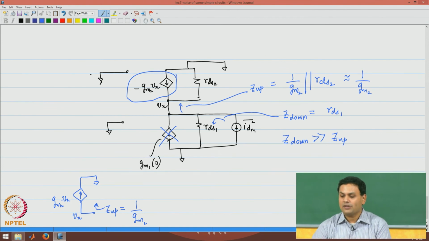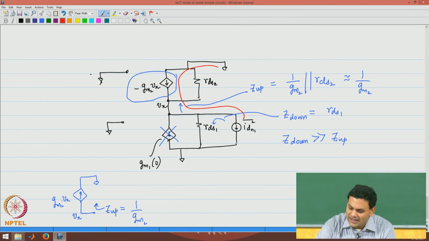We can say that almost all of this current will make its way to the output. In other words, almost all of this current will flow up into M2 and eventually into the output.